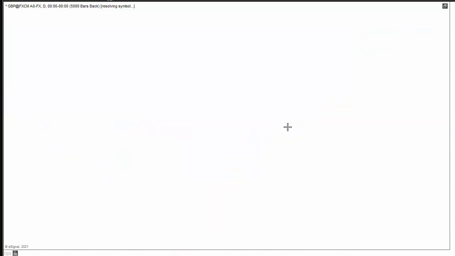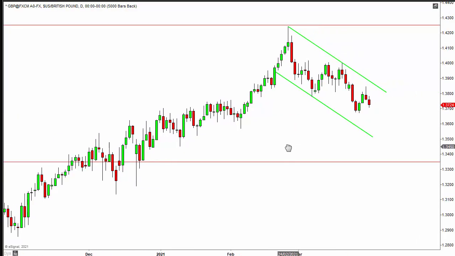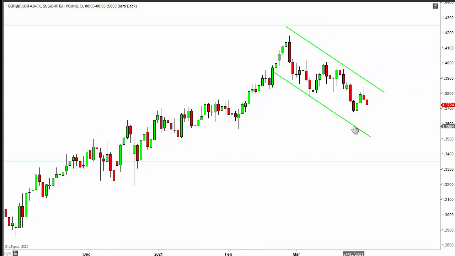Now, if we take us back to the daily chart, within that, if I can extend my channel here, so let's extend that, and then do the same with this one. There we go. This sloping sort of channel that's maybe starting to build. I've only just copied across from the highs down to this low point here.